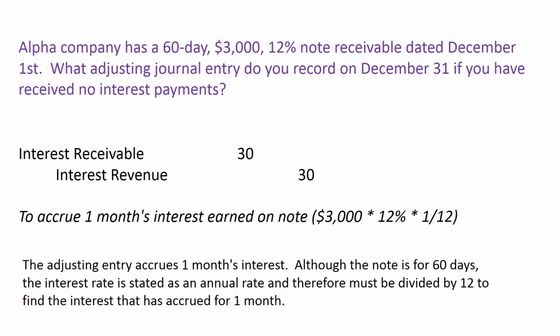Credit interest revenue, $30 to accrue 1 month's interest earned on note. $3,000 times 12% times 1/12. The adjusting entry accrues 1 month's interest. Although the note is for 60 days, the interest rate is stated as an annual rate and therefore must be divided by 12 to find the interest that has accrued for 1 month.